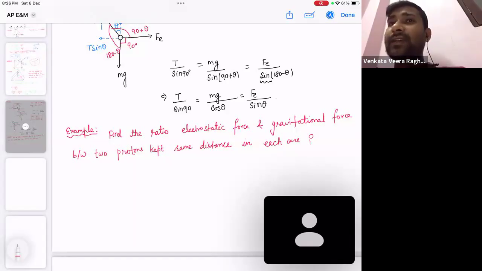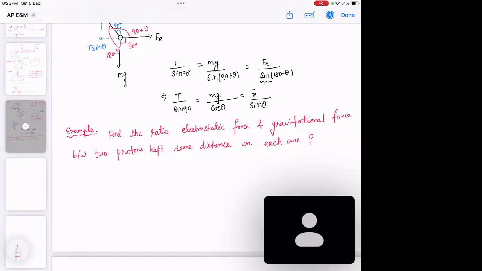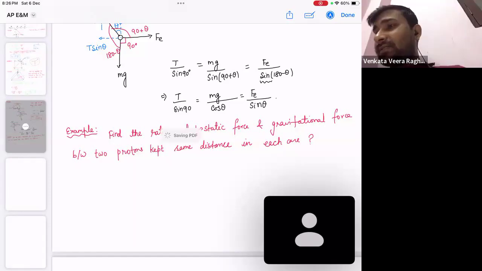Anyone aware about what is that value? Sir, K by G into Q square by M square. We know the value of all these constants now. Please use it.